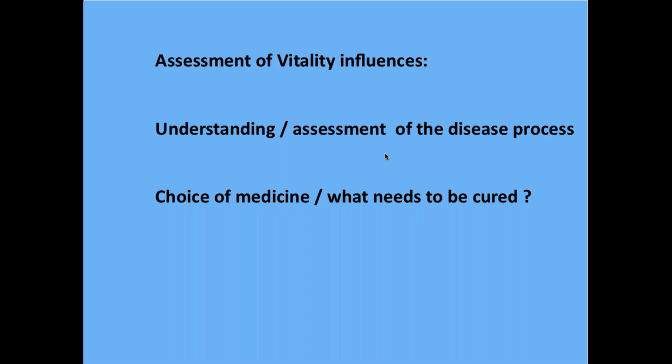The assessment of the vitality also helps us with that big question: what medicine do we choose, and what needs to be cured? Where is actually the seat of the disease? What organ systems are involved? Does the fact that the individual hasn't ever made any real symptoms necessarily mean that individual is healthier than an individual who has made symptoms?